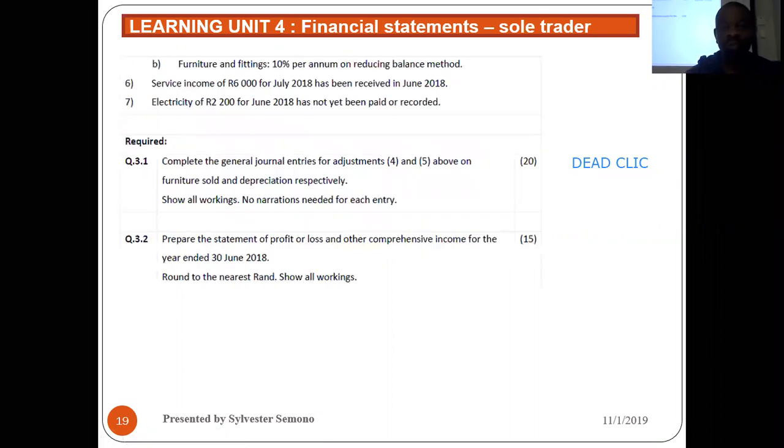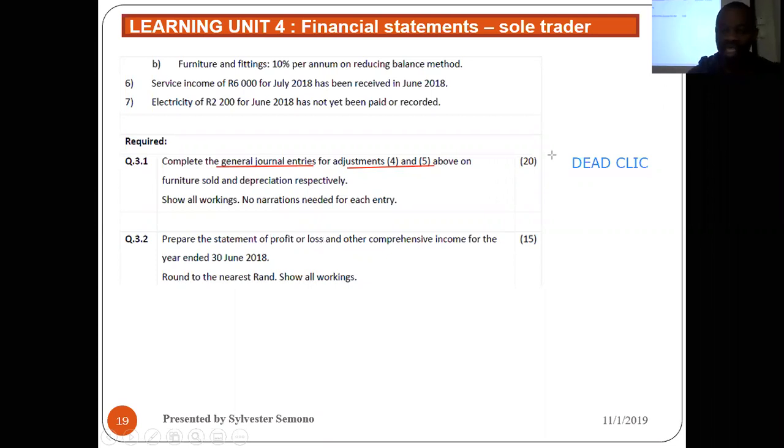They want us to firstly compile the, can you see the requirements? What they want? They want us to start with general, but they say only for 4 and 5 above. And thereafter, they want us to deal with the statement of profit and loss.